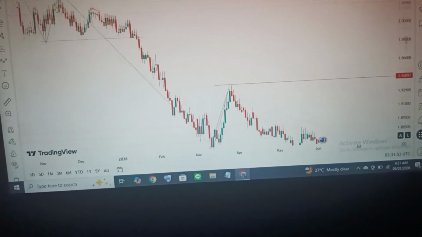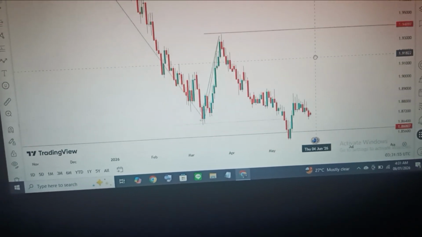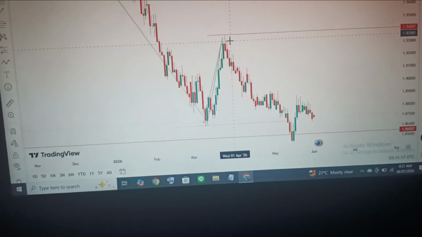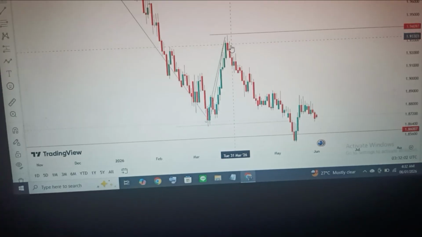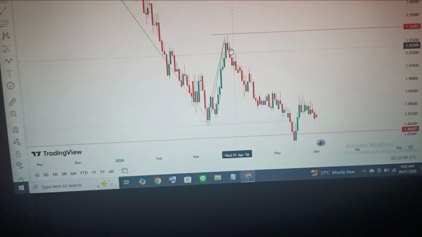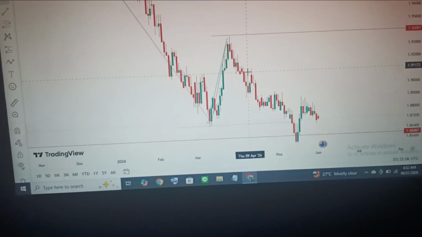I hope we are together. Now, the next one to focus on, since this is the impulsive leg, we want to look at this. Is there any structure? Is this impulsive leg building structure to the downside?